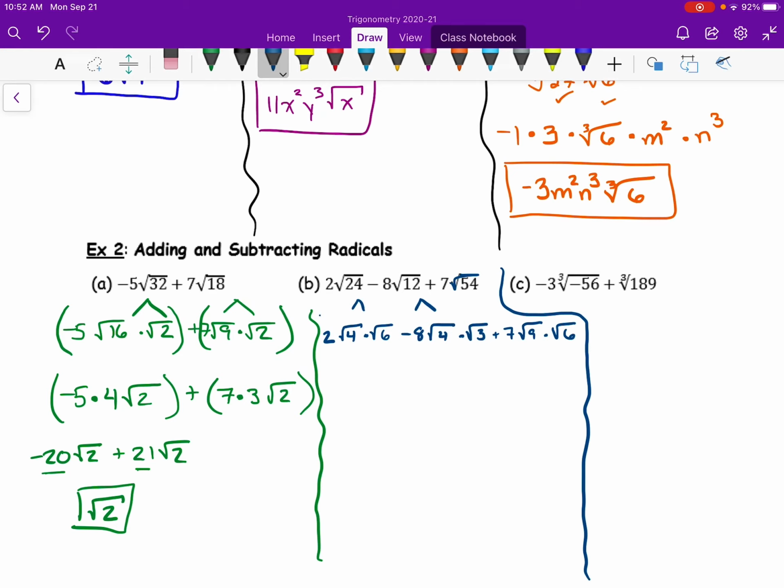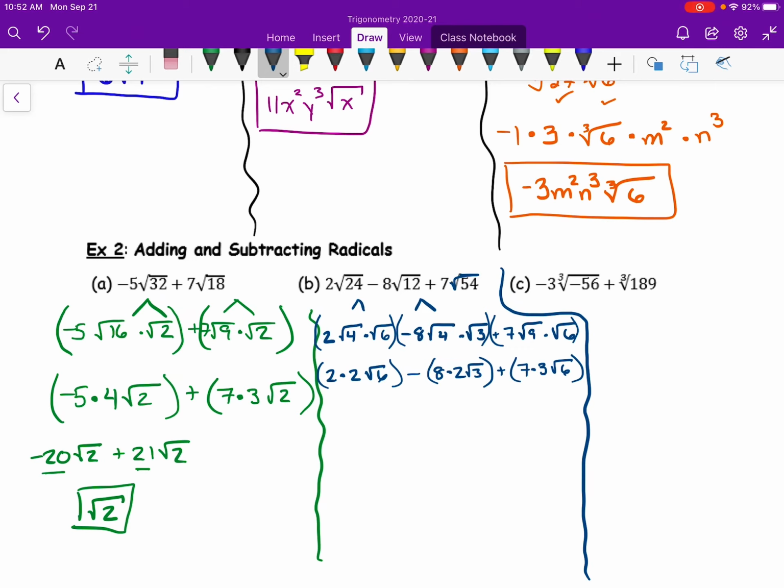Alright, now you could do like I did last one, do parentheses, and work on each one of these. You get 2 times 2 square root of 6 minus 8 times 2 square root of 3 plus 7 times 3 square root of 6.